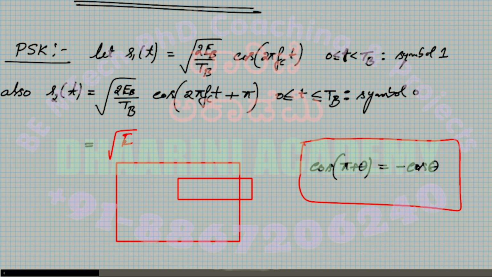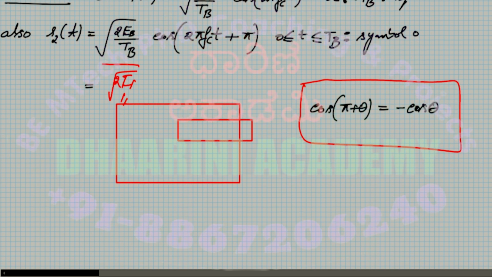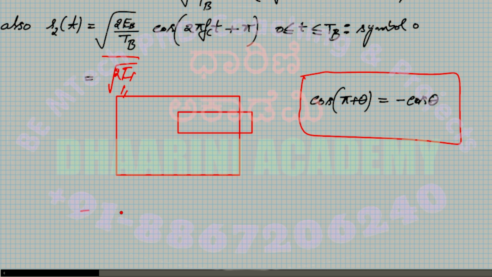So this is 2, no, it's not right. 2 EB. Can you see? No, right? Two times EB divided by TB.